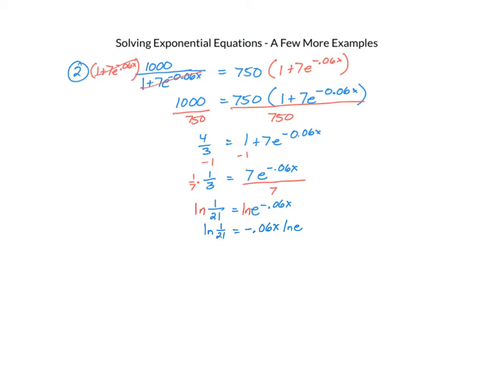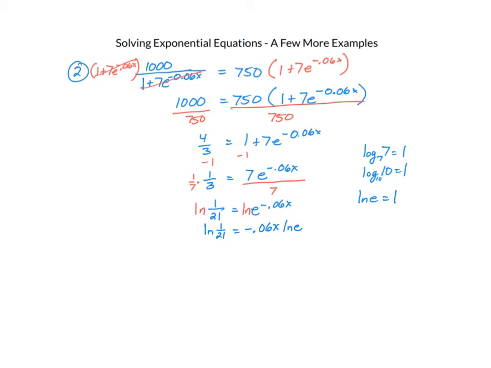The natural log of e, we know, is actually equal to 1 in the same way that we know the log of 7 base 7 equals 1 and the log of 10 base 10 equals 1.